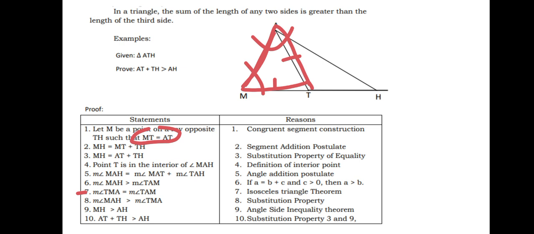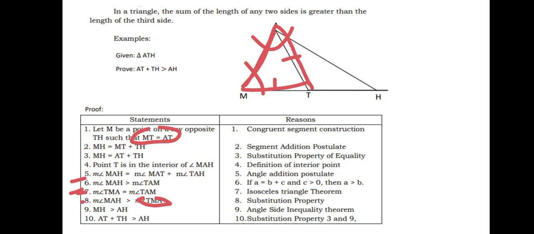Next, number 8. Angle MAH, from number 6, is greater than TAM. Since TMA from number 7 is equal to TAM, and MAH is greater than TAM, we can substitute TAM by TMA.